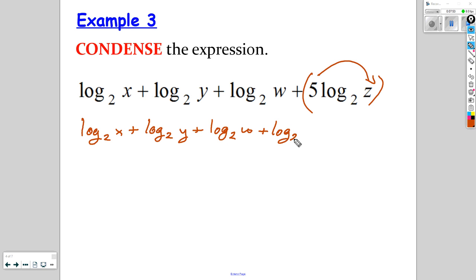We're going to have log base 2 of z to the 5th power. And now, since all of the bases are the same, we can condense this whole thing, and notice we see addition for all of these, which is nice, because that means we're just going to multiply the arguments. So that's log base 2 of x, y, w, z to the 5th. We're just multiplying the arguments in each one of these. That's it. So I said complicated. It wasn't that bad. It just looks complicated.